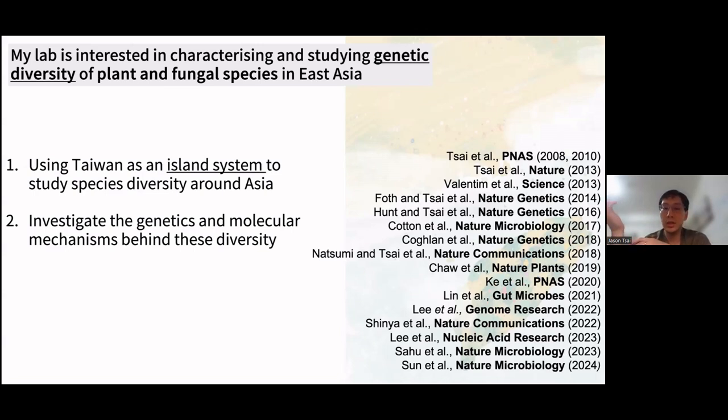Taiwan is an island with quite extraordinary biodiversity, so we characterize some of the species diversity. Once they are quantified, we go on and attempt to investigate the evolution and mechanisms behind this diversity.